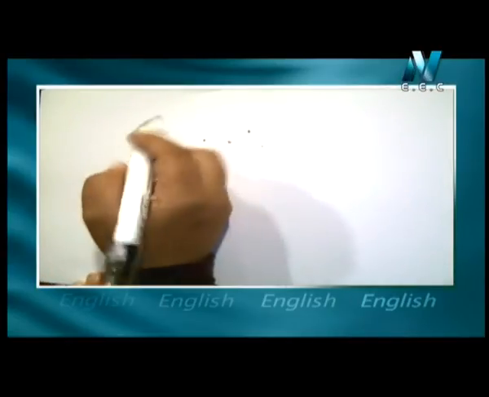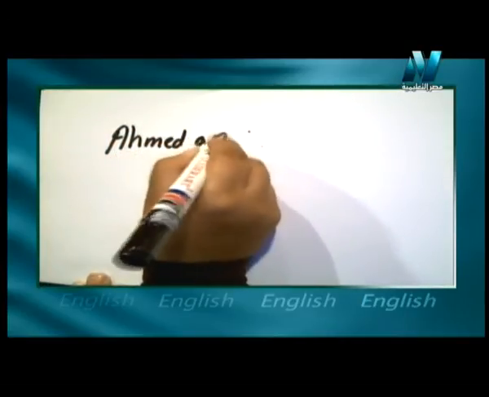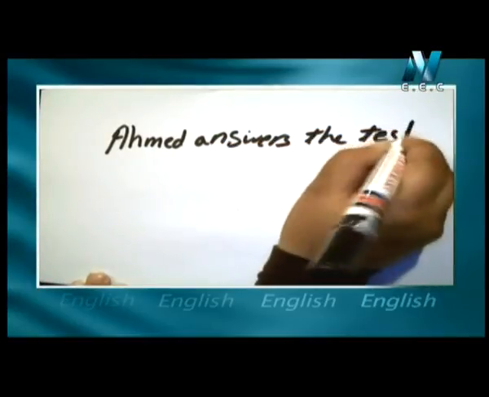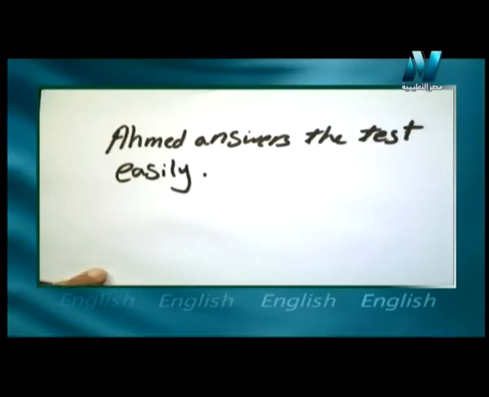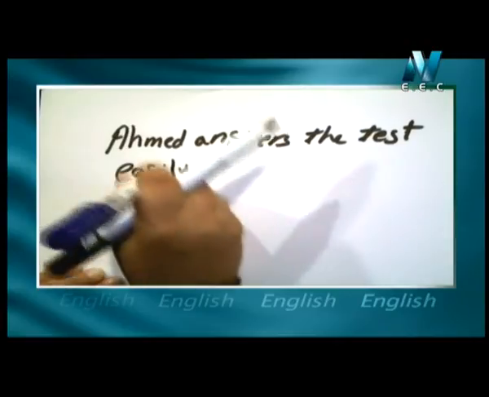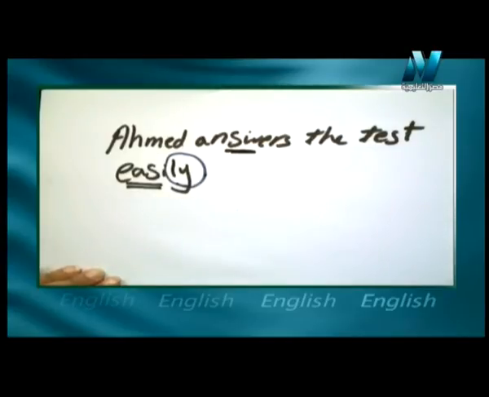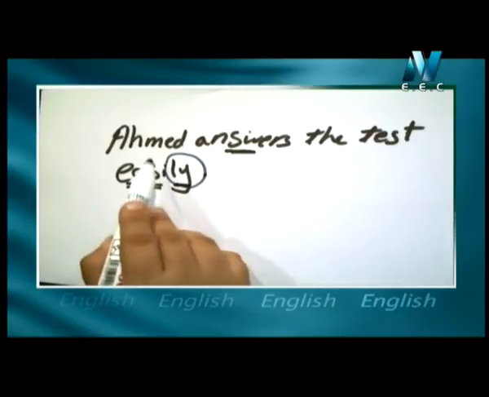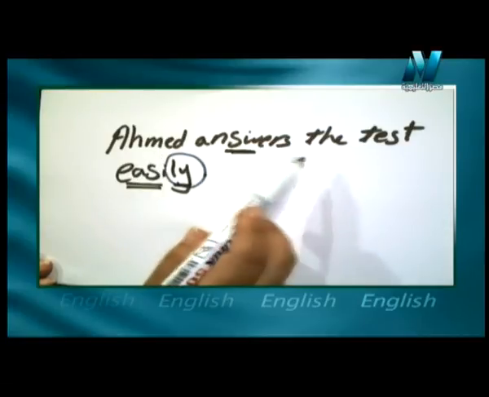For example, when I say Ahmed answers the test easily, here I have an adverb, easily. It has ly at the end. I'm describing the verb itself, which is the answer, that he answers easily. So I have crossed out the y of the word easy and put i and then ly. Ahmed answers the test easily.